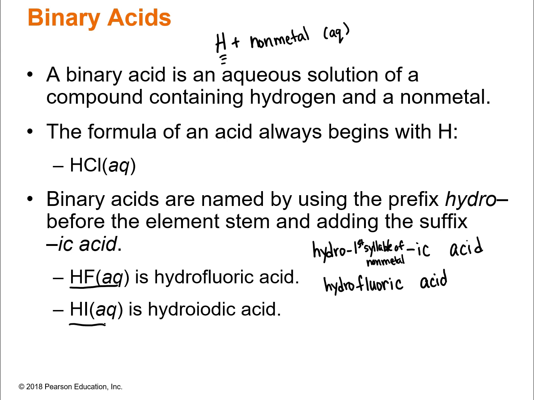If we have HI, it's hydro. The parent atom is iodine, so we're going to keep the first syllable, iod, and follow it with IC. Then you write the word acid. Hydroiodic acid.